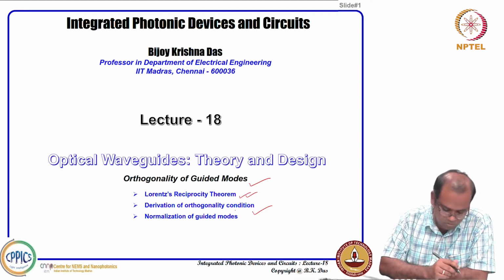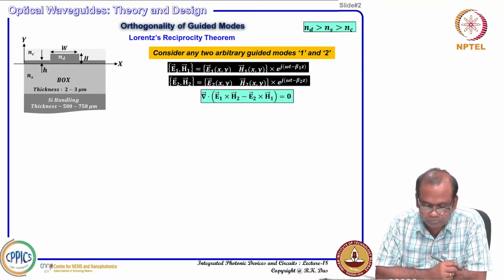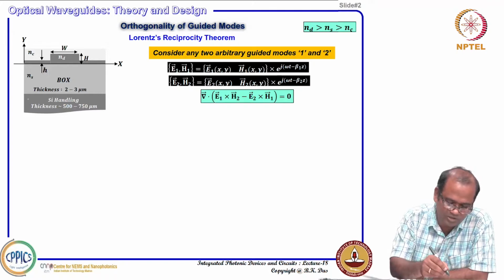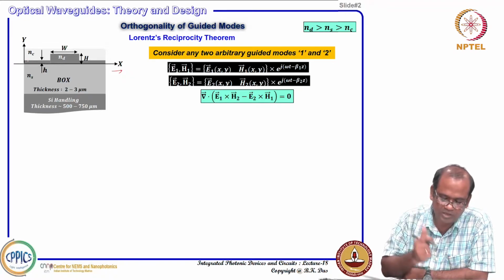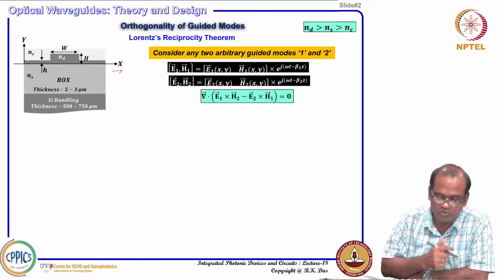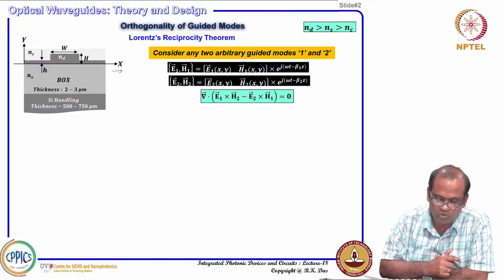Let us move on. Again, I take reference of this type of waveguide structure. It has x direction and y direction, and z, that is, out of the screen, is the propagation direction. The mode will be confined in the xy plane as a two-dimensional waveguide mode, and it will be propagating along the z direction.